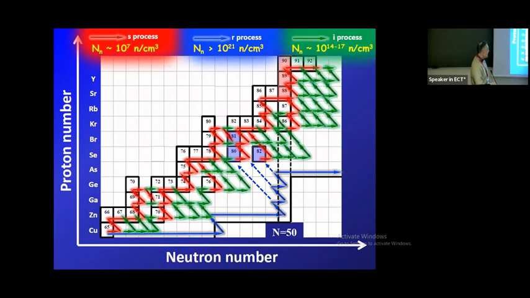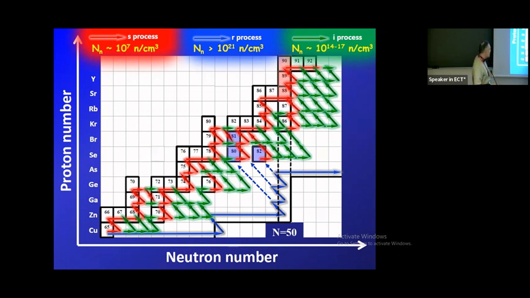On the other hand, we may not exclude that there are processes with intermediate neutron densities, which are known in the literature as the i process. In this case, the typical neutron density is from 10 to the 14 to 10 to the 17.